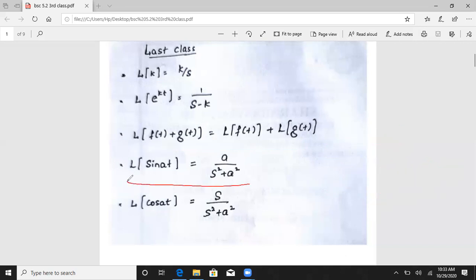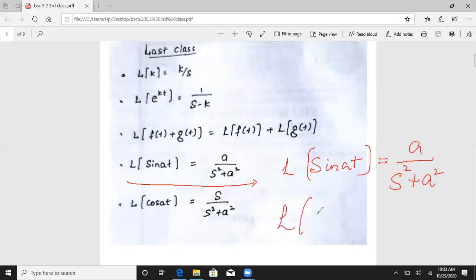The next task is the Laplace transformation of sine at, which is equal to a divided by s square plus a square. And the Laplace transformation of cos at is s divided by s square plus a square.